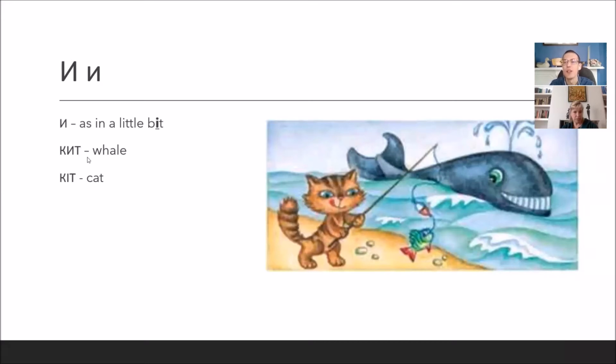But kit with the letter E, as it looks like English I, on the other hand, means cat. So kit, A, and kit, E. And we're now doing letter A, kit.